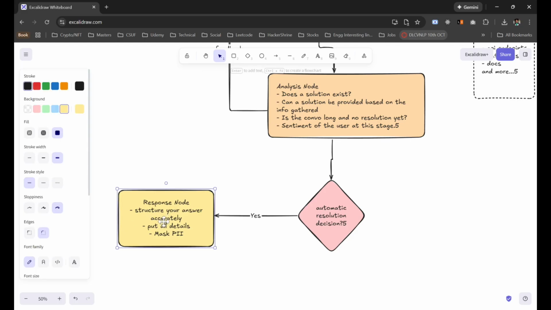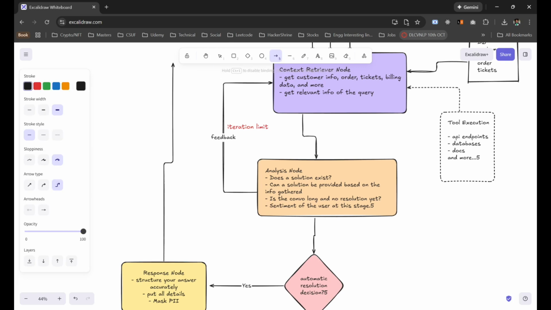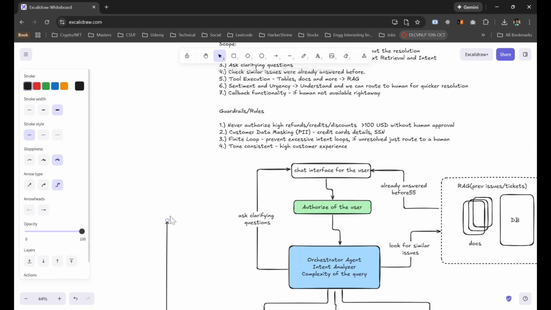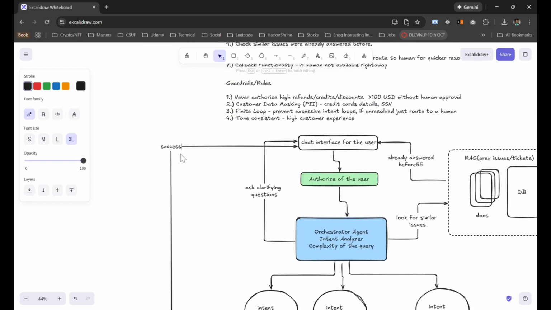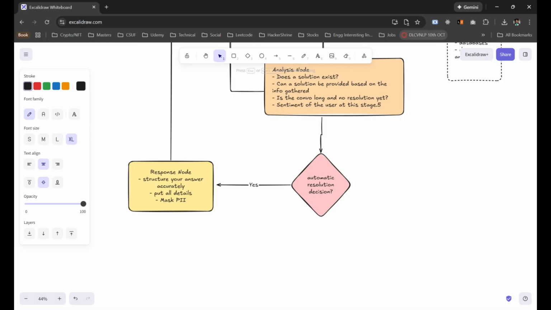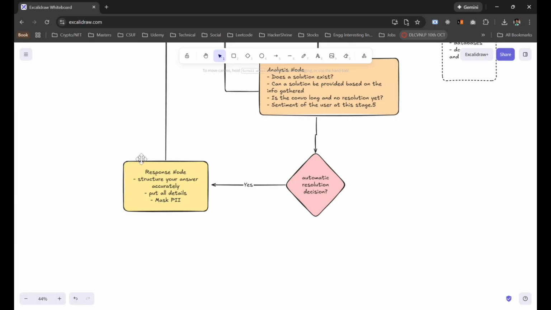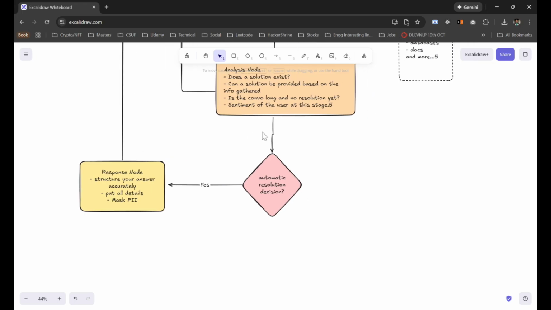From this node we just put an arrow that goes directly to our chat interface, which would be a success. So a resolution can be made, it's a yes, response node, make it beautiful and send it to the user, and we have completed one complete cycle.